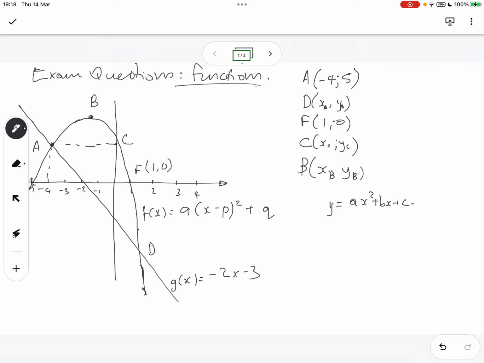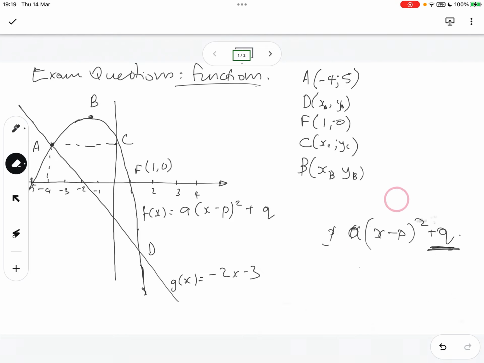But we do know that if we have a function that's parabolic like this, a(x - p)² + q, the y-intercept we normally find by substituting where x is 0. And where x is 0, that's where we get the y-intercept.